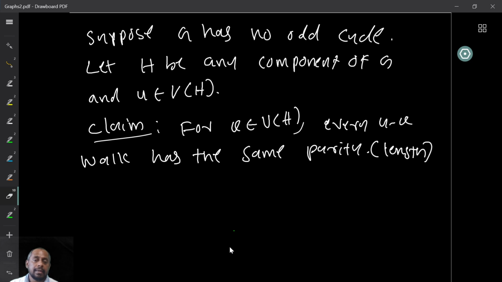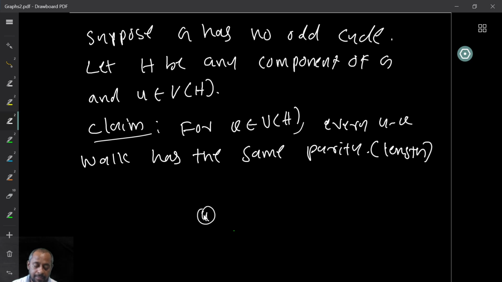So what I do is that I start from some fixed vertex, let's say u. Then for any vertex in this component, every possible u to v walk has the same parity.